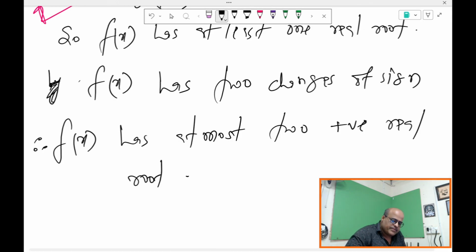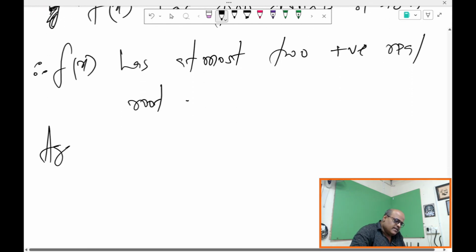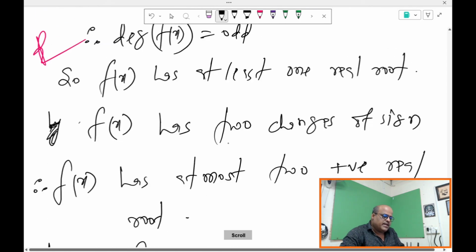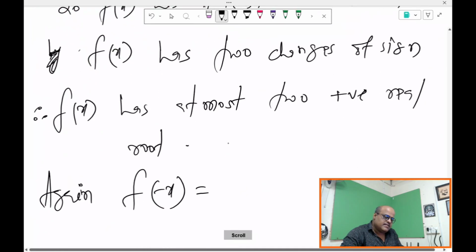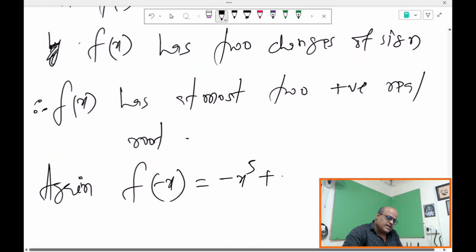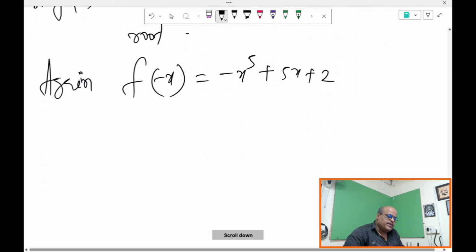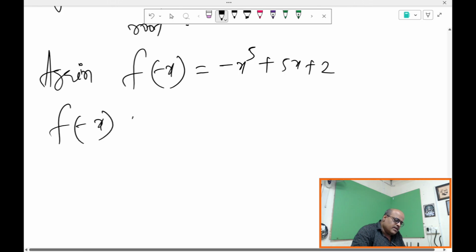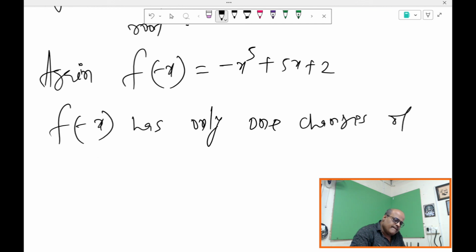This is the meaning. Again, in place of x we replace f(-x). Then what will happen? x to the power 5 gives minus, plus 5x plus 2. So how many changes of sign are there here? Only one. One change of sign.